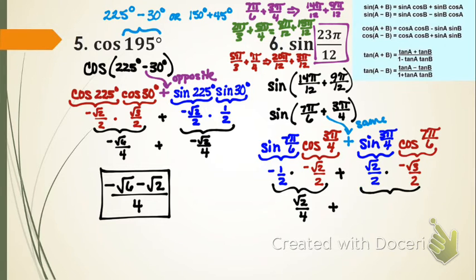So I multiply those two together. I get negative square root of 6 over 4. Combine those together into a single fraction. I get radical 2 minus radical 6 all over 4. So far, so good?